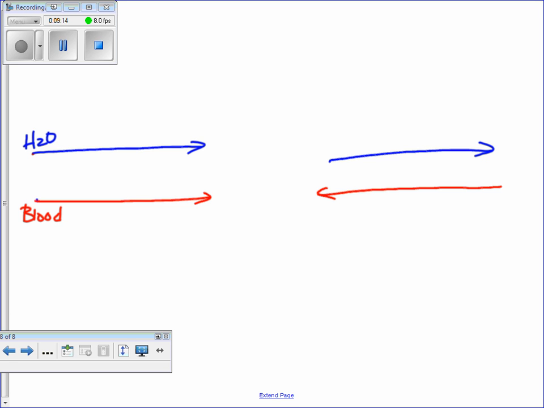This is what we call counter current exchange, because the currents are flowing counter to each other or opposite each other. We're going to see this is preferable, a counter current exchange. But I'm going to show you why having parallel circuits doesn't work.